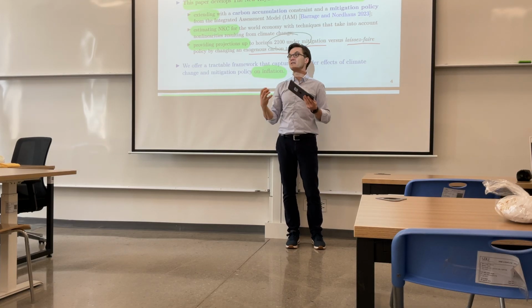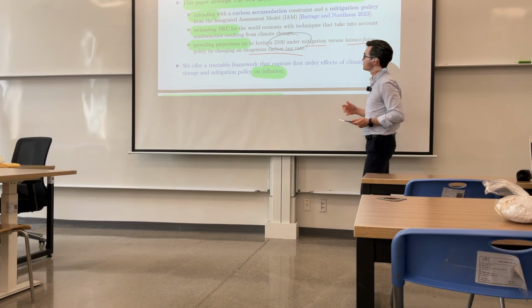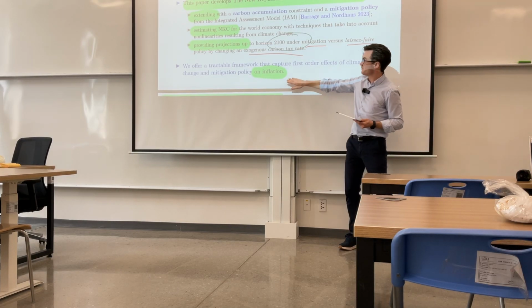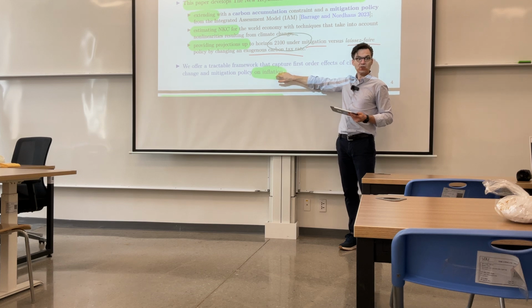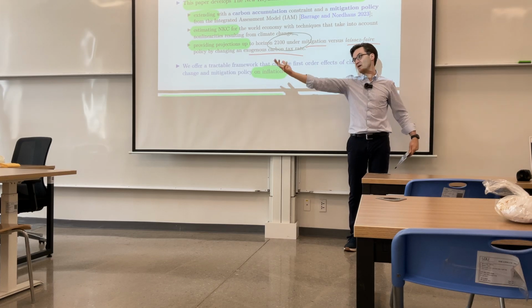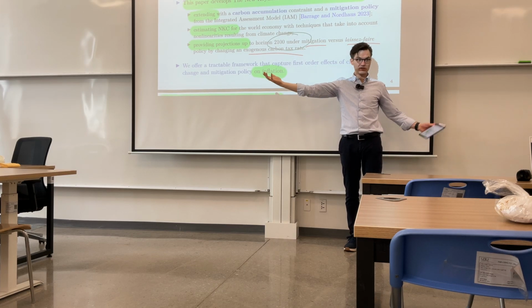That's really the key. They are able to study the effects on inflation, which the integrated assessment models by themselves cannot do, because there is no nominal sector there. And the New Keynesian models cannot study climate.